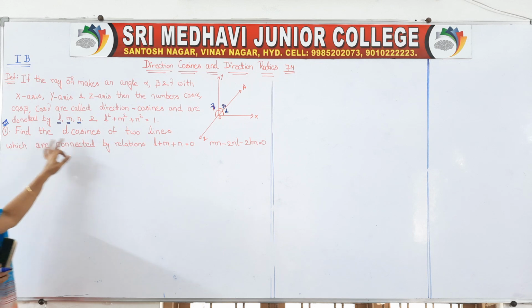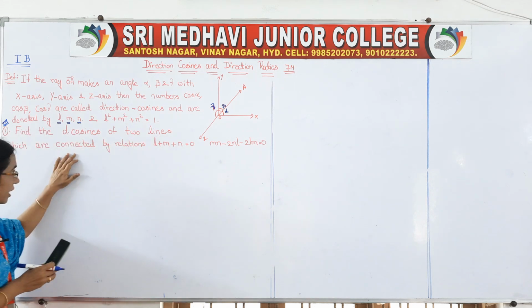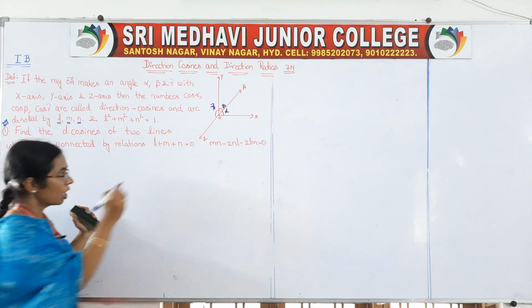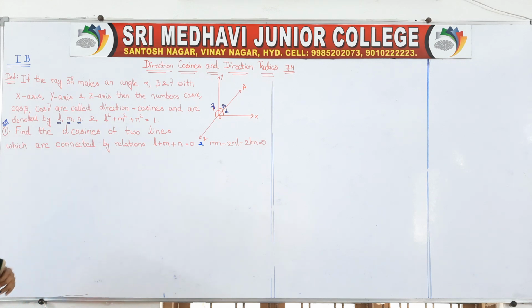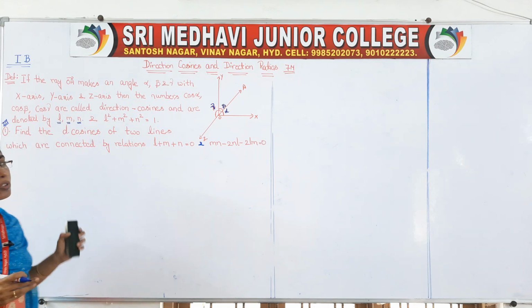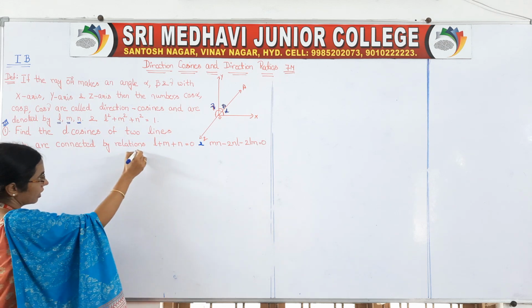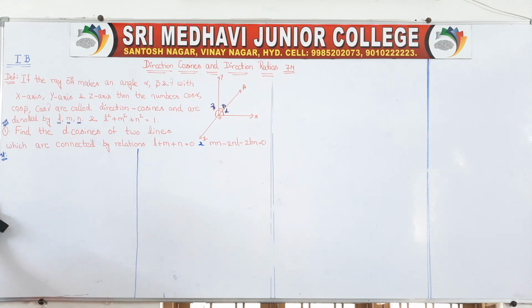Find the direction cosines of the two lines which are connected by the relations L plus M plus N is equal to 0 and Mn minus 2NL minus 2Lm is equal to 0. The given equations are a little bit lengthy but easy.